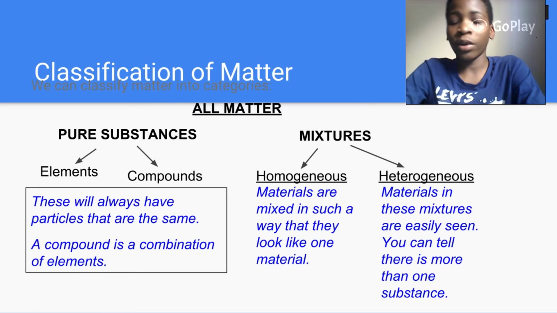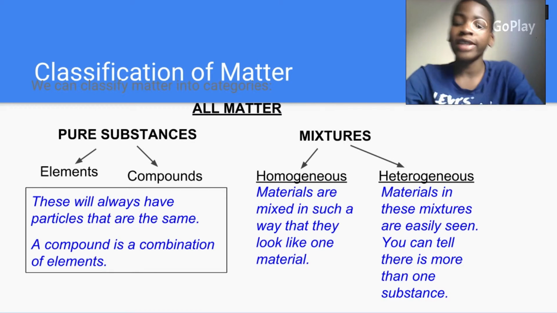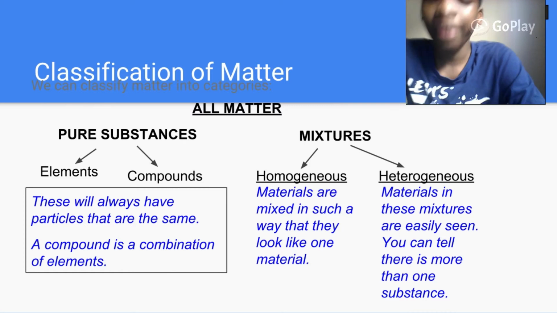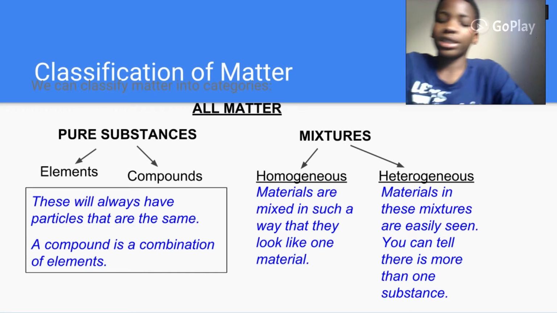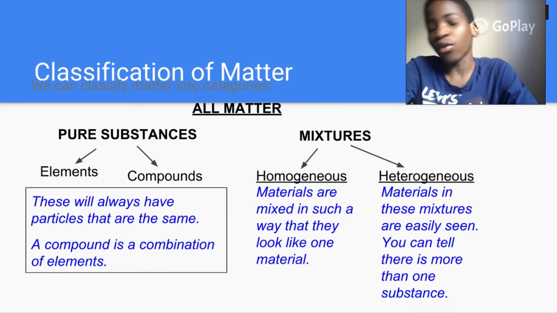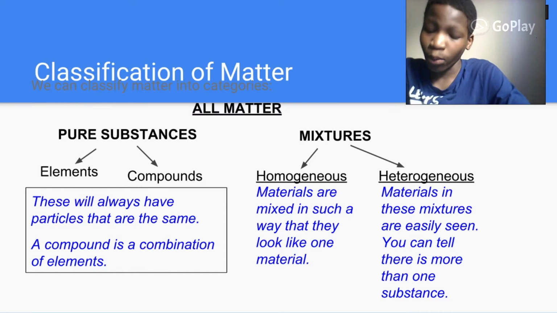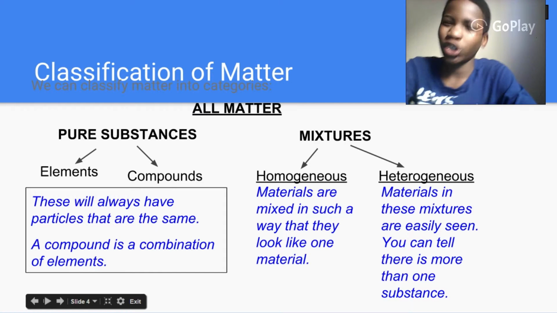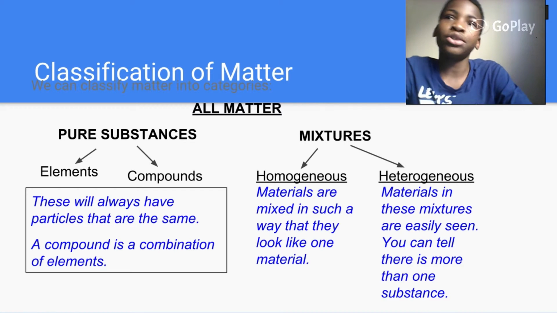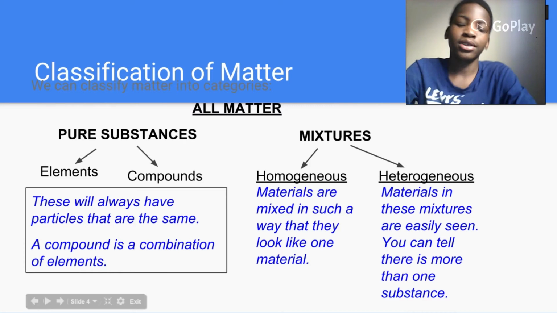Homogeneous is one of the branches of mixtures. Homogeneous mixtures are materials that are mixed in such a way that they look like one material. So it's two or more materials that you mix together that look just like one. An example of a homogeneous mixture could be orange juice, right?